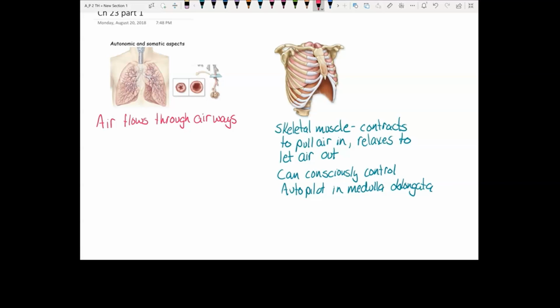You can control the diameter of these. So you can see like this one is constricted and this one is dilated. So by controlling the diameter of these, you control how much air gets in and out with each breath. And these are controlled by smooth muscle.